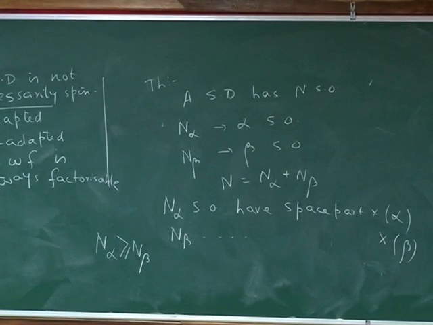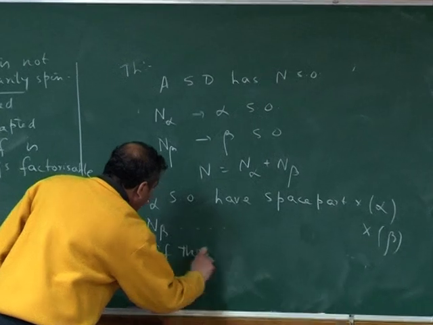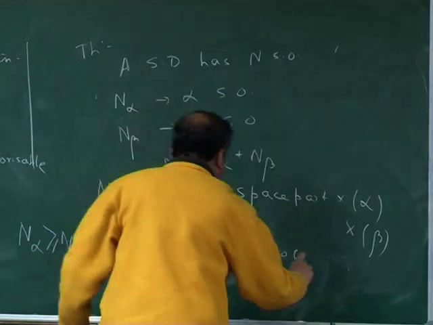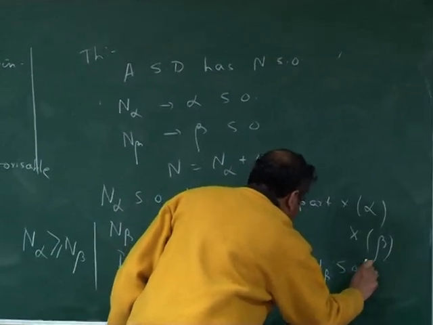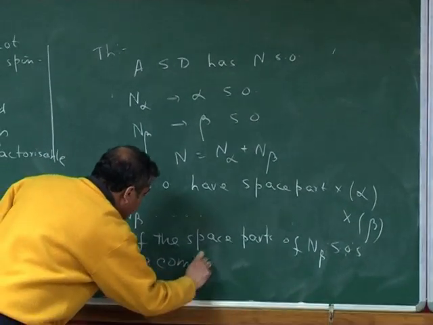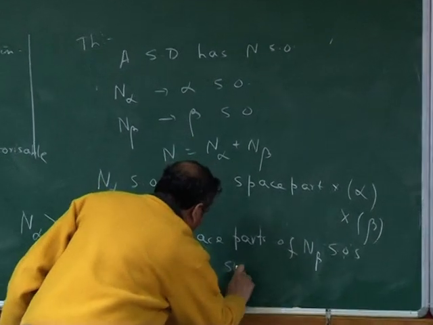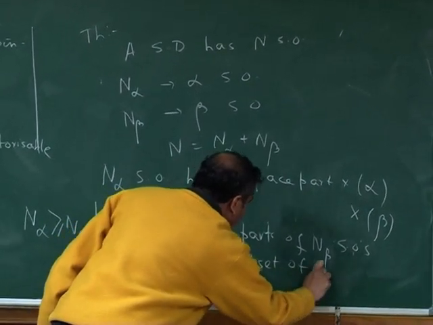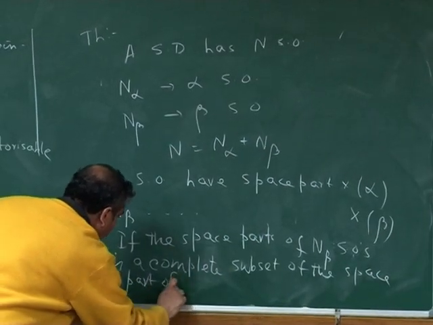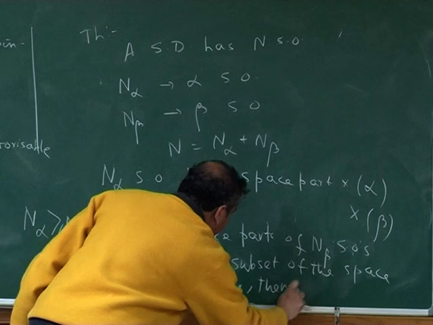Then the theorem says if the space part of the smaller one, which is the n beta spin orbitals, is a complete subset, which means essentially the entire space part is submerged, a complete subset of the space parts of the n alpha spin orbitals, then the determinant is a spin eigenfunction.